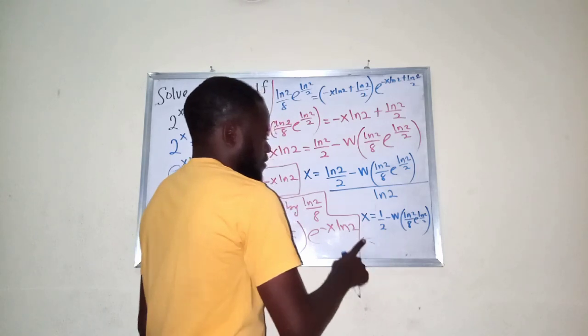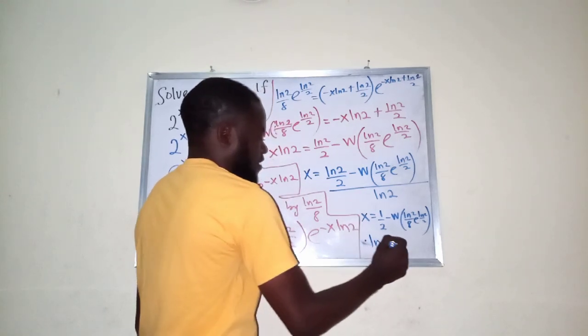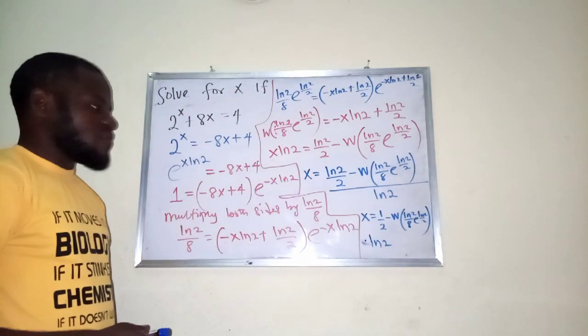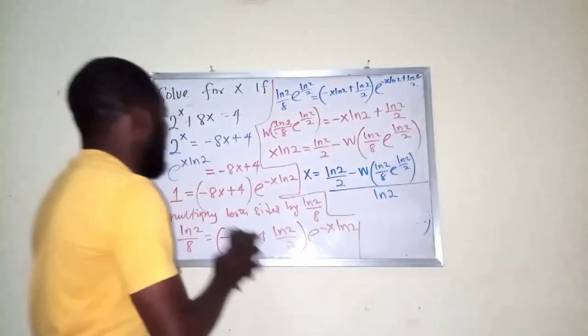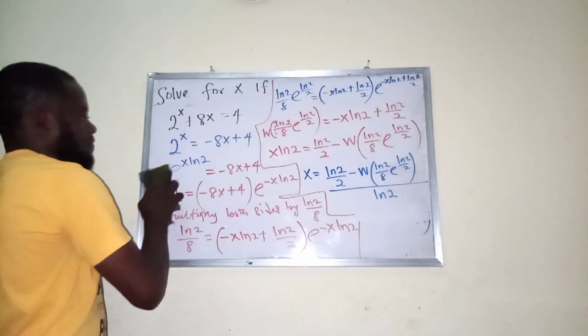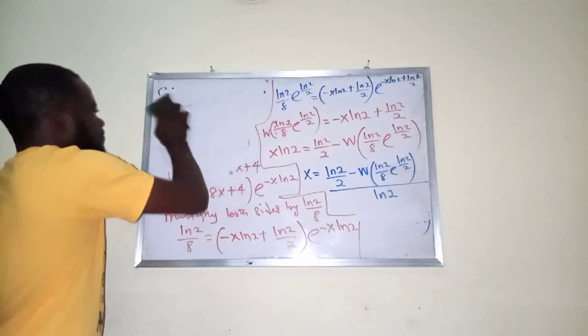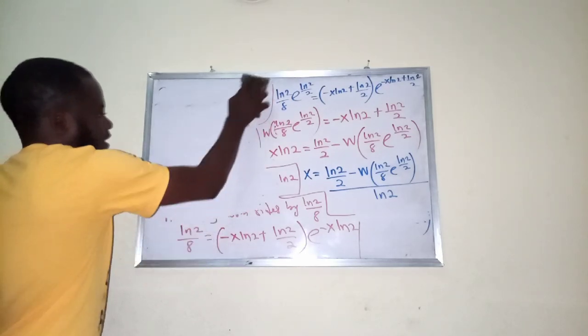So, it will be multiplied by ln 2. Whatever result I have here, okay, better still, let me write this somewhere else so that you can see that clearly.